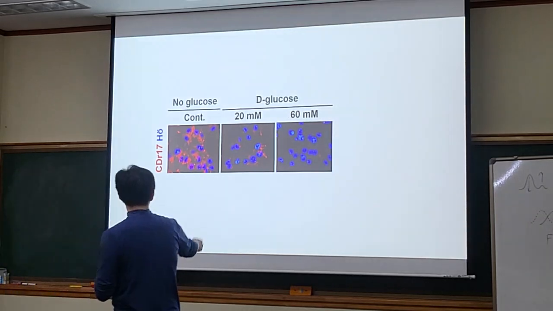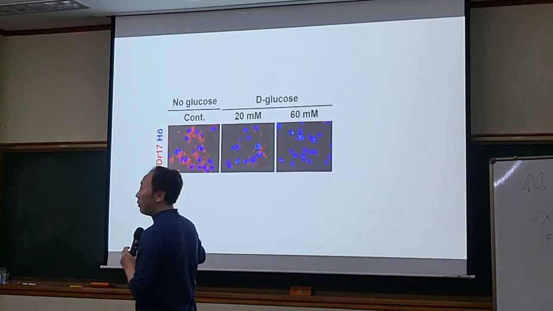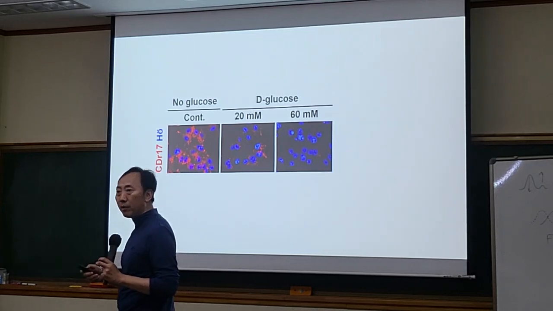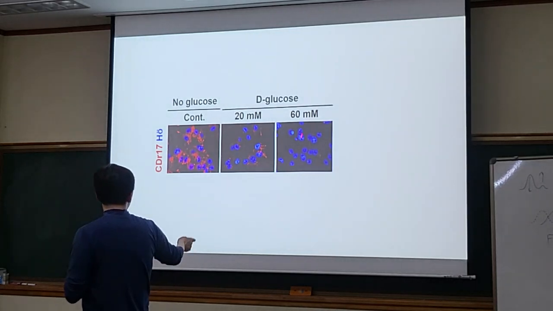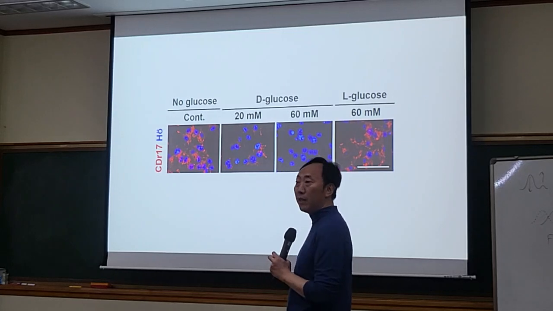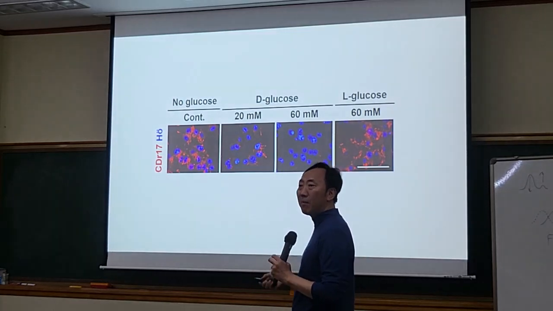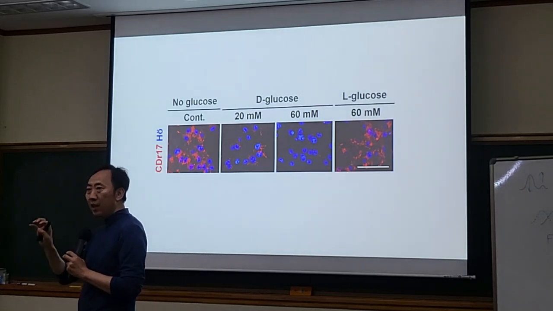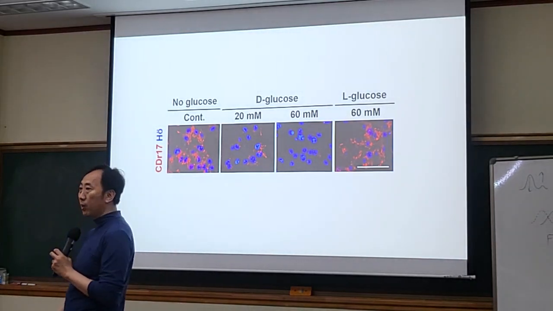So as a control, we added the enantiomer of D-glucose, L-glucose, which is chemically identical. If there is chemical toxicity or a chemical problem, then L-glucose should also compete. And we found that L-glucose does not compete at all. So that means this is not chemical shock. This is a biological event which recognizes the D form of glucose.